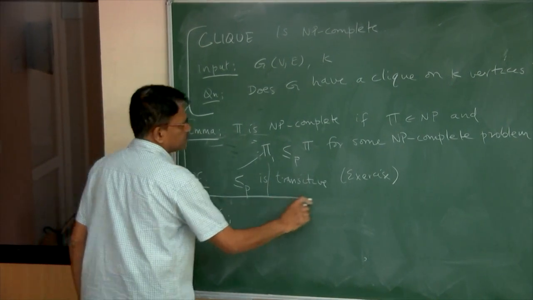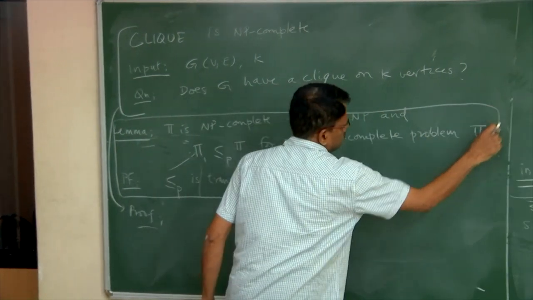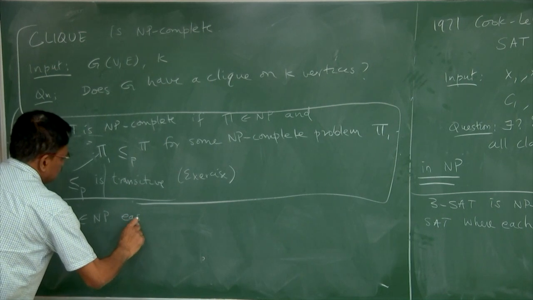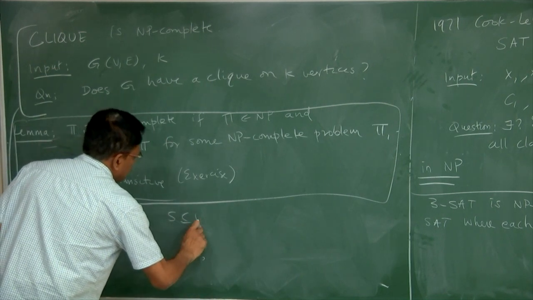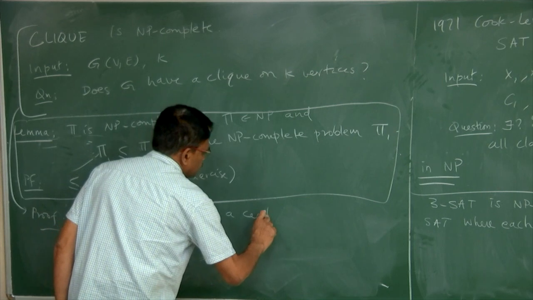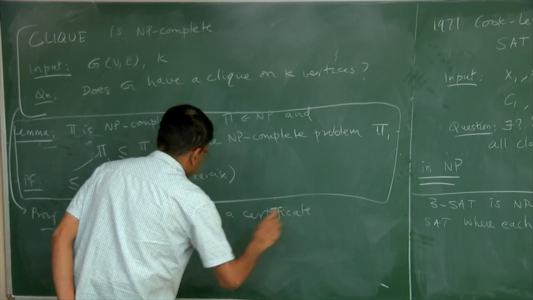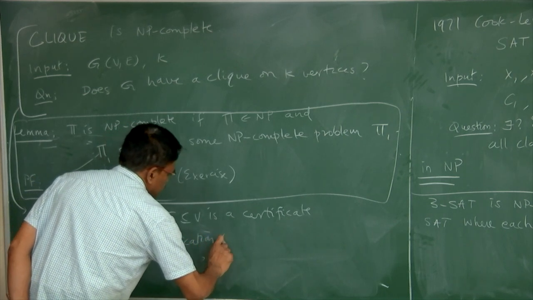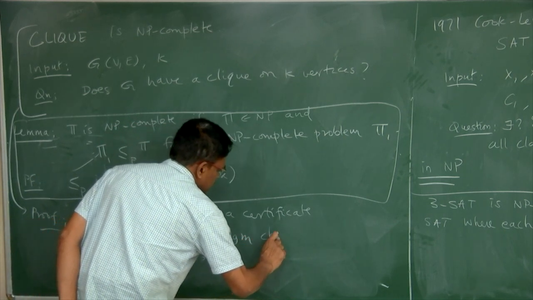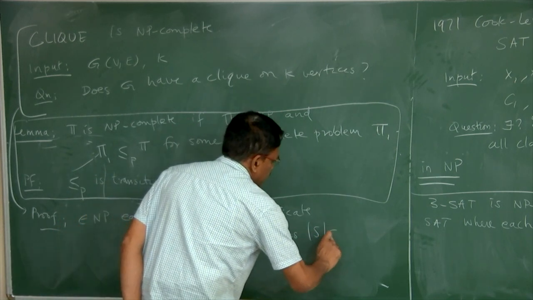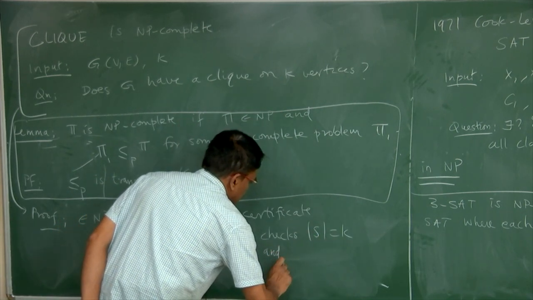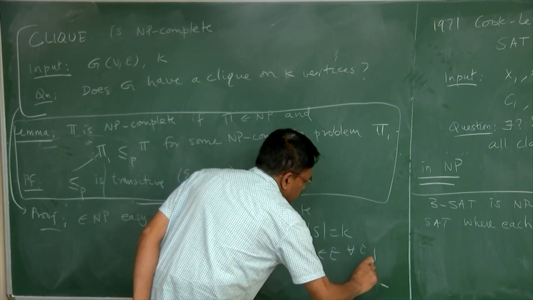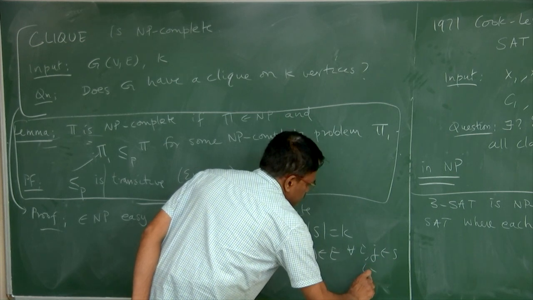Put this in a box. So, S contained in V is a certificate, and the verification algorithm checks cardinality is equal to K and that every pair is adjacent.